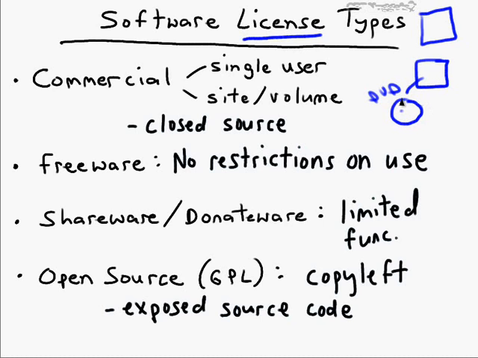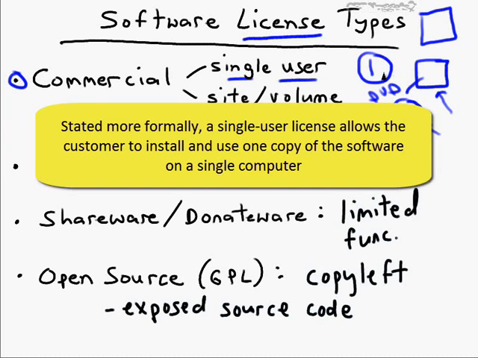Maybe you're paying for the production costs of the DVD media and of the packaging, and if there's inserted stuff, sure, that costs money. But no, you don't own that code. In a closed source, commercial, or proprietary software scheme, you're paying what's called a single user license fee. And what that means is you purchase the software, and that gives you the right to install the software one time only and is usable only by you.